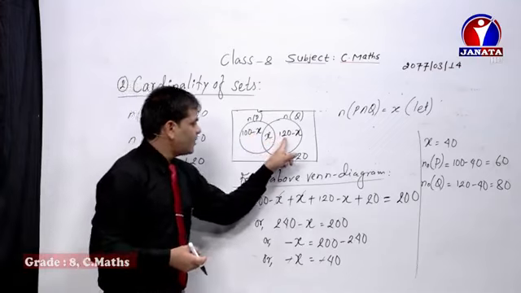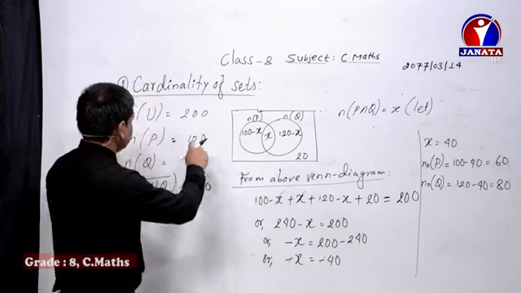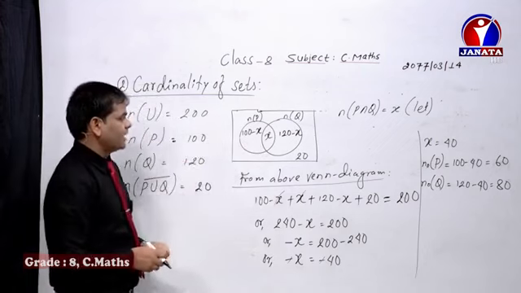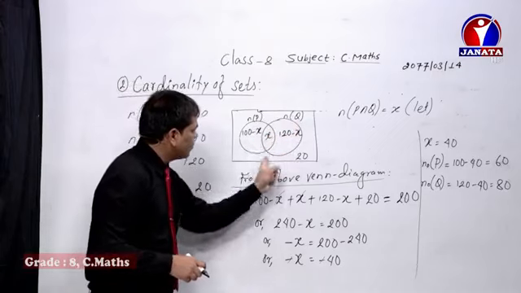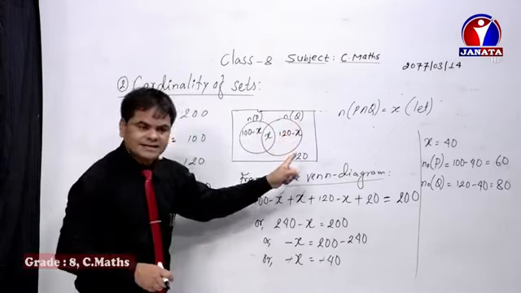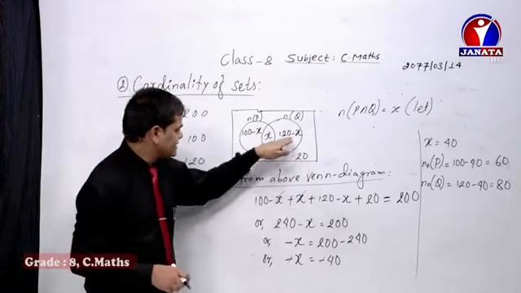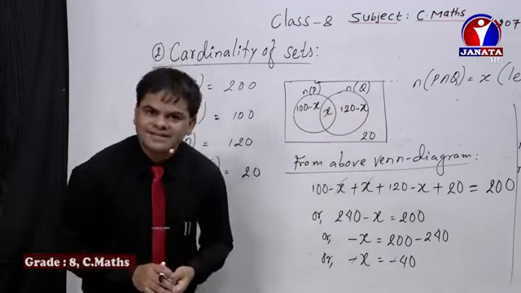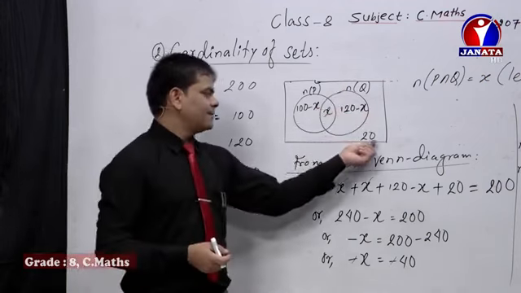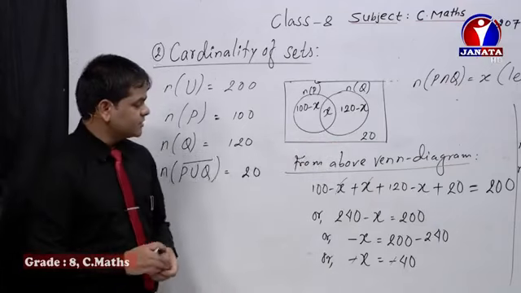And this side also, 120 minus x is in the circle Q, there must be 120. So 120 minus the value of x. If we add all together the values in set Q, minus x and plus x will be cancelled, and altogether the value becomes 120. Now the complement value is already given in the question, so we keep 20 in the place of the complement.